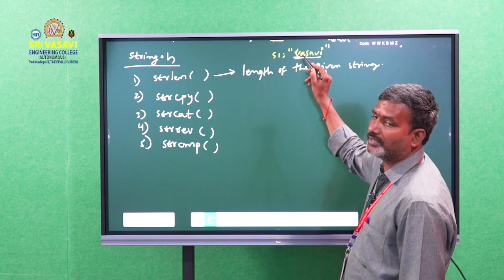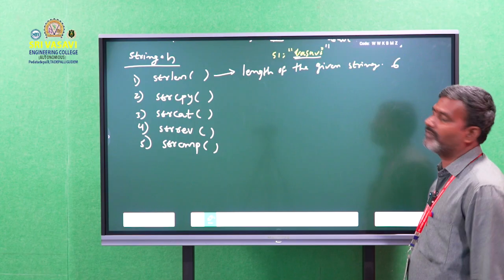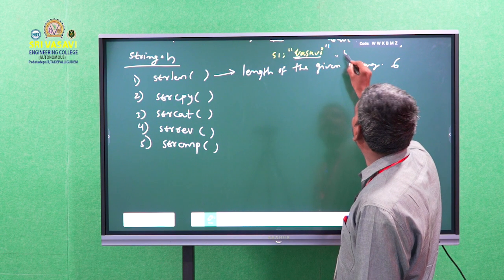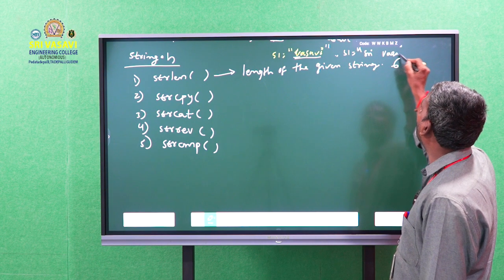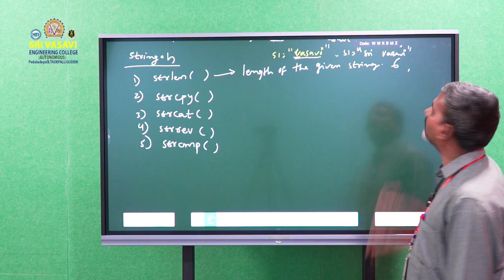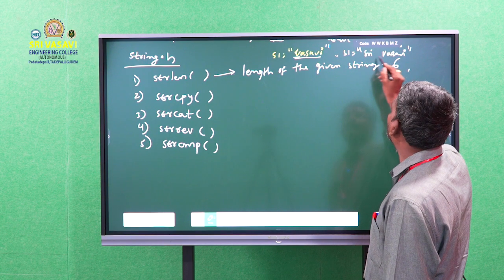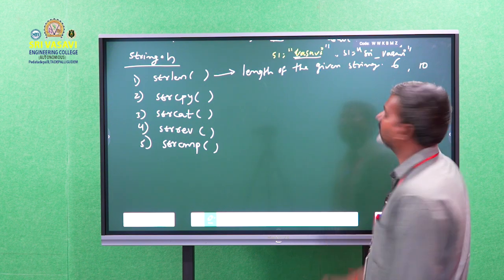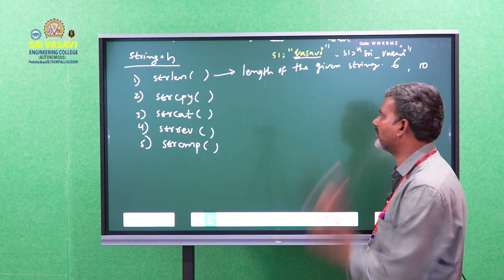So 1, 2, 3, 4, 5, 6, which returns the length of Vasavi as 6. If S1 is equal to Sri Vasavi, Sri space Vasavi, the length of the given string is 3 plus 6, 9, and then space, including space, 10. Space is also one character in the strings concept.